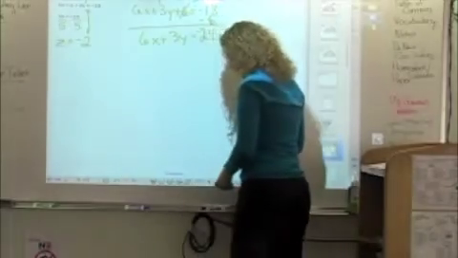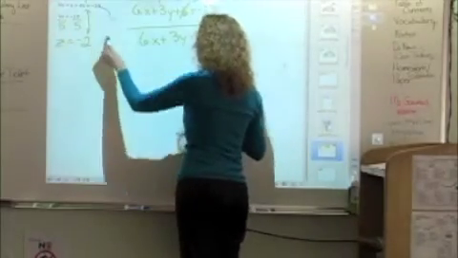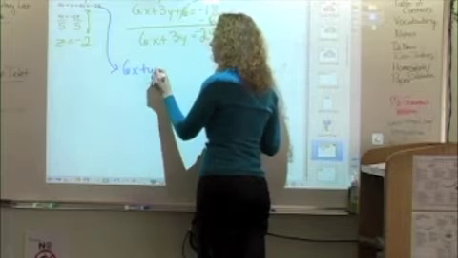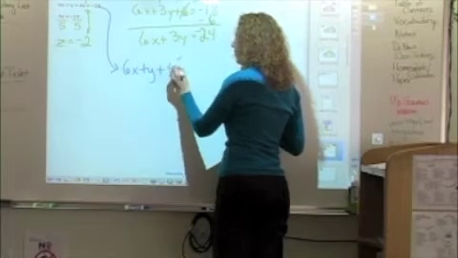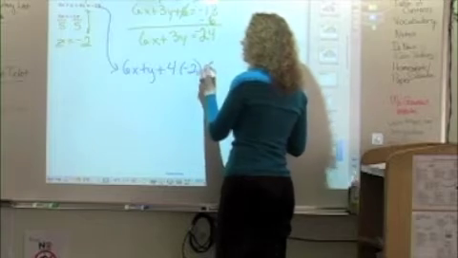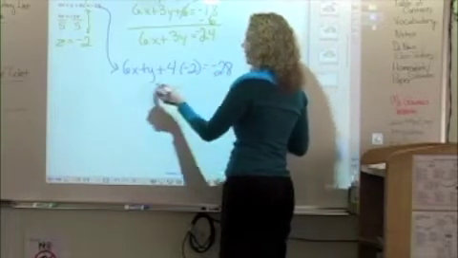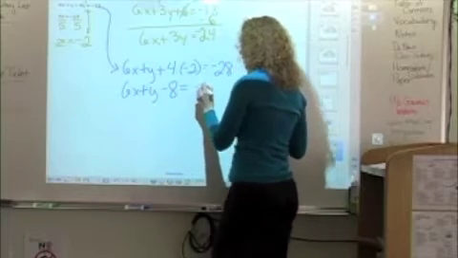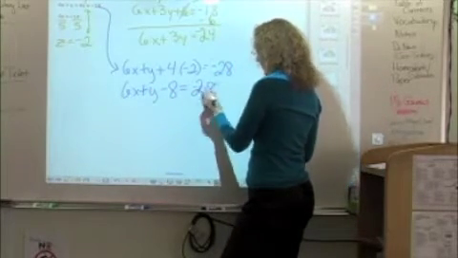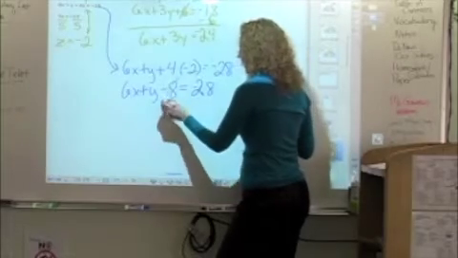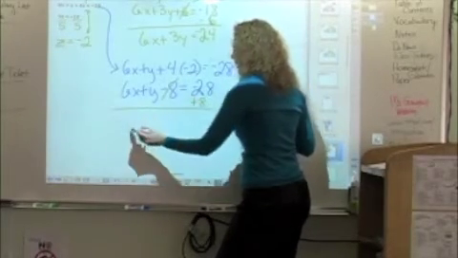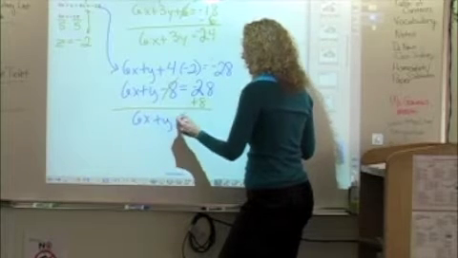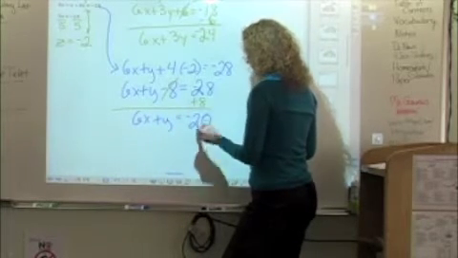When I substitute into the other equation, I have a 6x plus y plus 4 times negative 2 equals negative 28. 6x plus y minus 8 equals negative 28. Now I'm going to add over that 8, and I end up with 6x plus y equals negative 20.